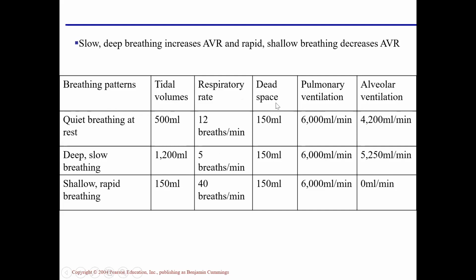The dead space does not change, right? And pulmonary ventilation, the total volume in or out in 1 minute, is still 6,000 mLs. But how much air gets into the alveoli for gas exchange? 0. You see this big difference now?